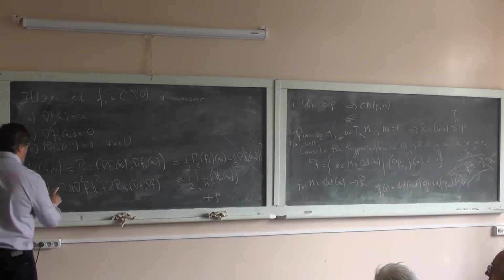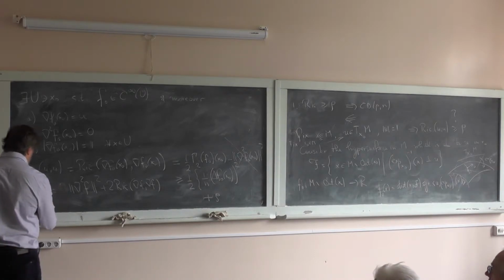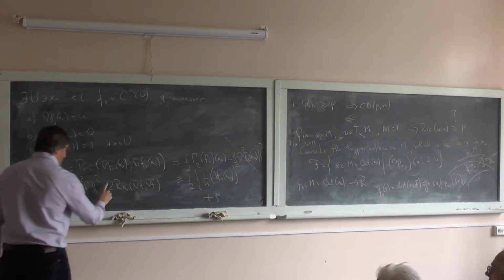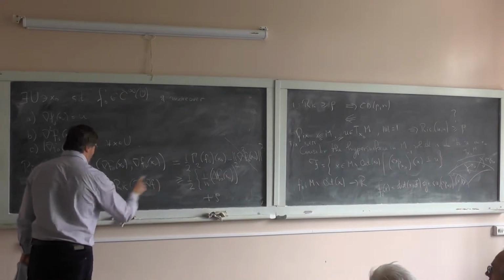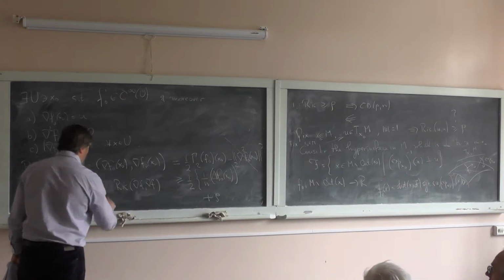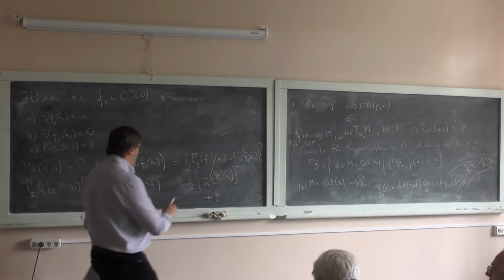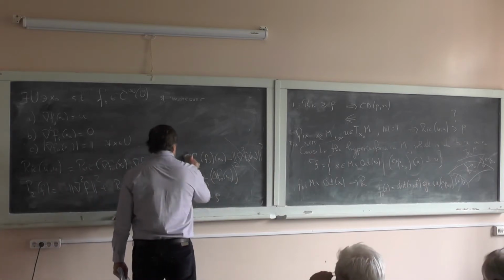The way I defined gamma 2, there were no 2's anymore here, otherwise we get the wrong number for the curvature. So I apologize, let's remove this.